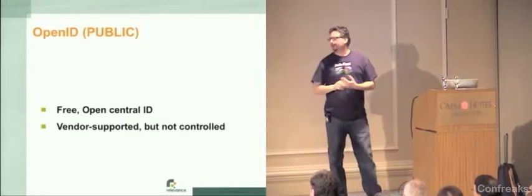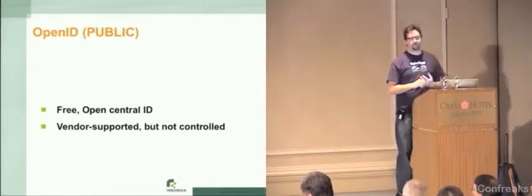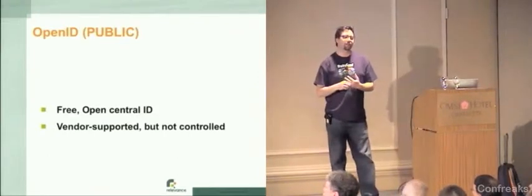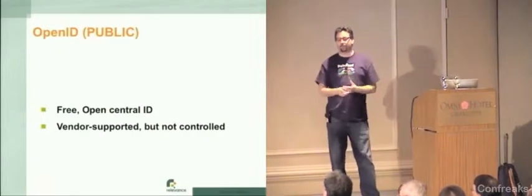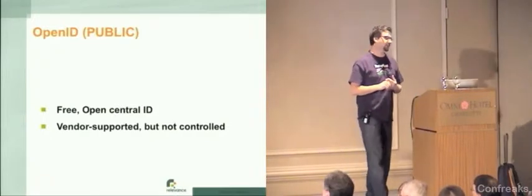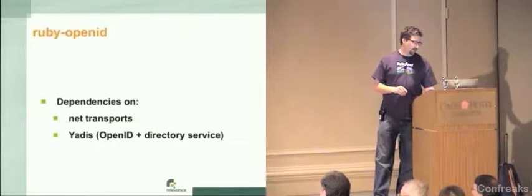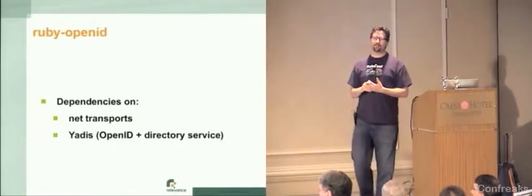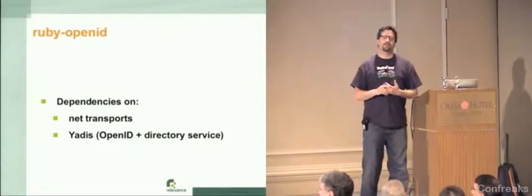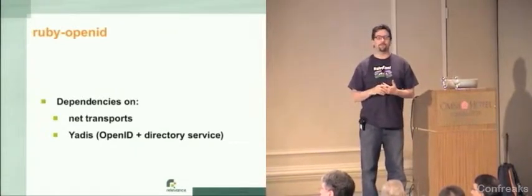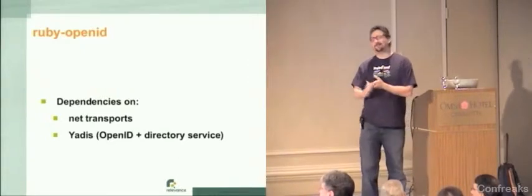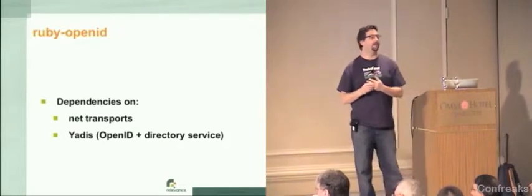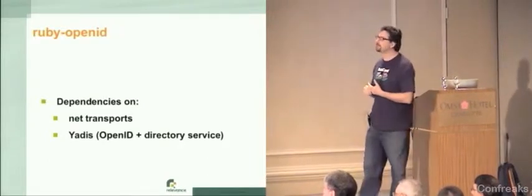All right. So OpenID: vendor supported but not vendor controlled. Again, there's lots of big name vendors who are out there supporting the OpenID standard, but none of them actually controls the implementation spec. And since it's open source, you can download them and install them yourself. On the Ruby side, when you want to interact with OpenID, the easiest way to do it is using the Ruby OpenID gem, which is actually a combination of 3 different important pieces: Ruby OpenID, Ruby Yadis, and if you're interested in doing Rails, then the Restful Authentication with OpenID plugin, which is what I'll show you in action in just a few minutes.